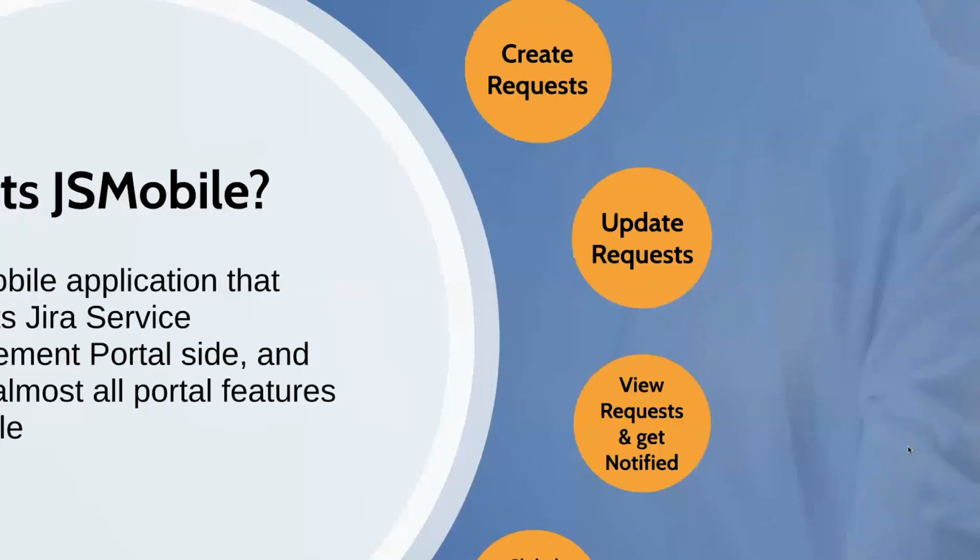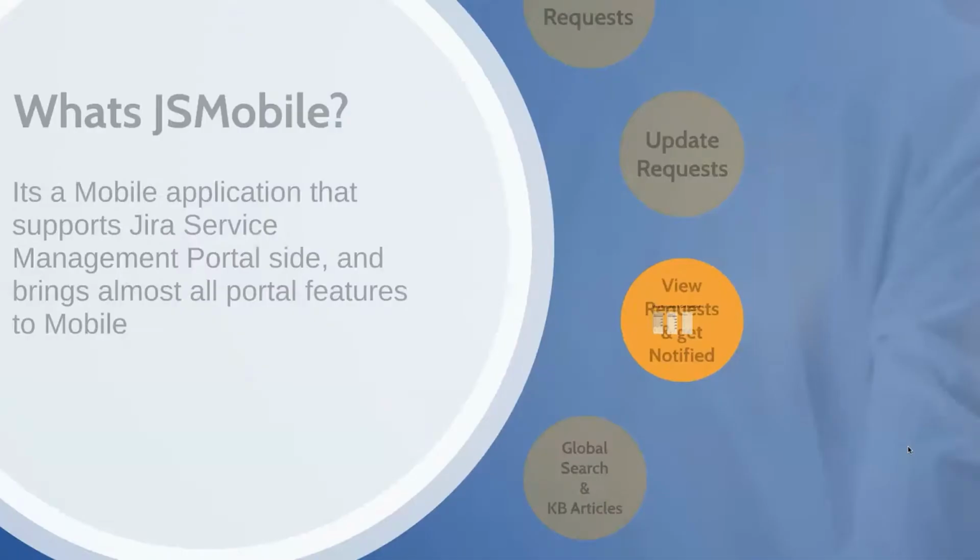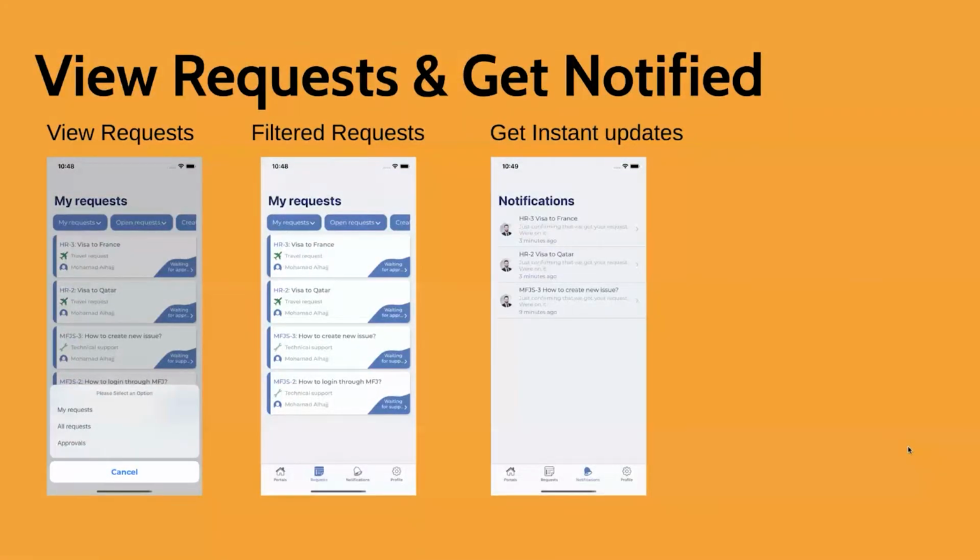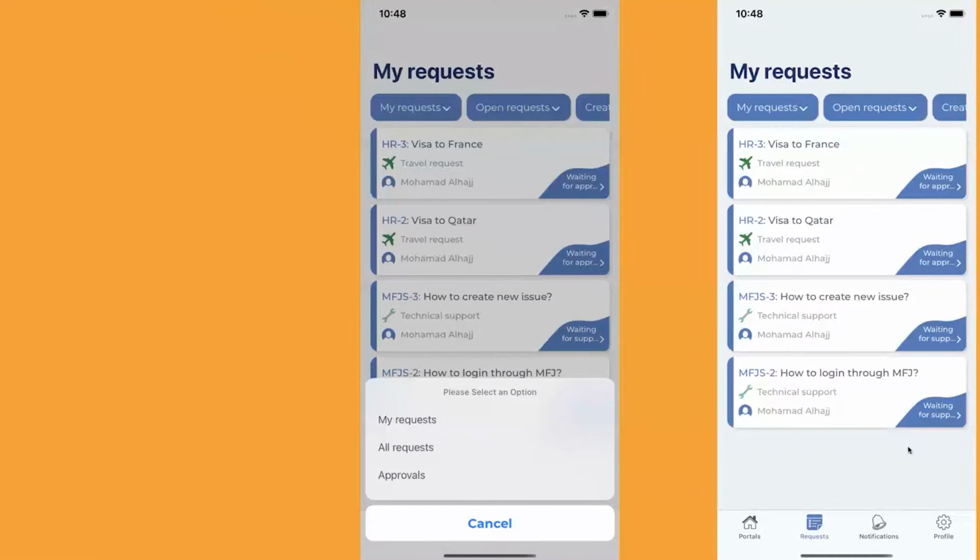The user can view the requests and get notified. First, the user can switch between different kinds of filters that are available on the web. On the portal side, we can view that in more detail through the live demo. The user can switch between my requests, all requests, and requests that need approvals.